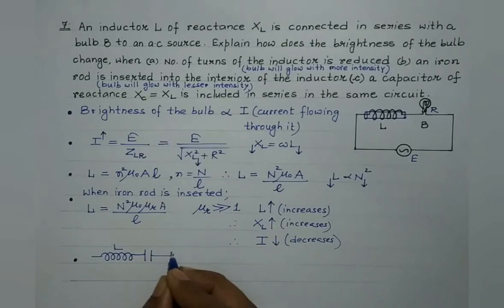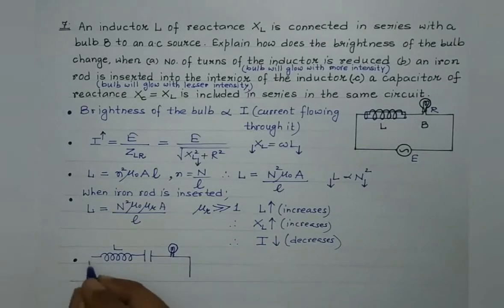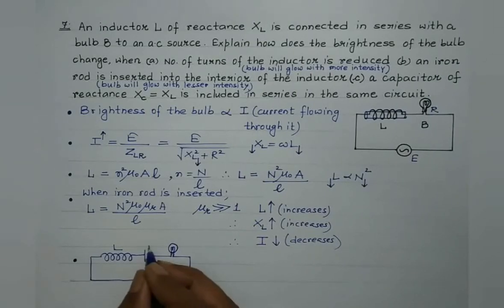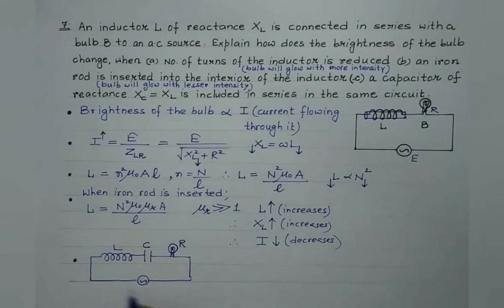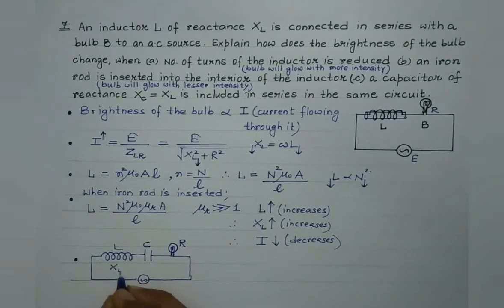And this is the bulb. So students, it will behave as an LCR circuit. This is the capacitor which is connected, and this is the bulb which will offer some ohmic resistance. And here it is given that XL is equal to XC.